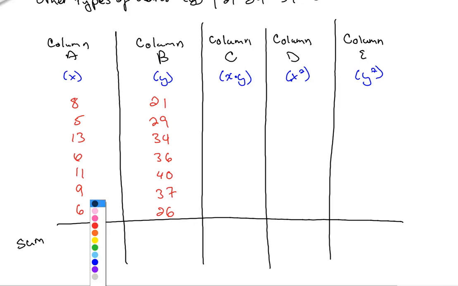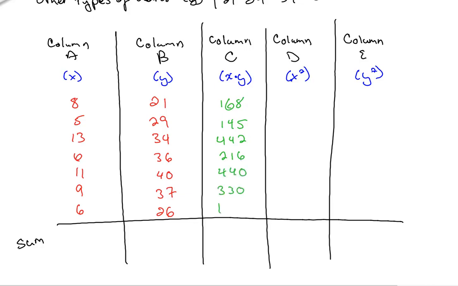Okay? And so values here, if we multiply 8 times 21, we'll get 161. And I'm filling in the other numbers because we have done this in a previous video. Then my X squared is going to be 8 times 8, which is 64.